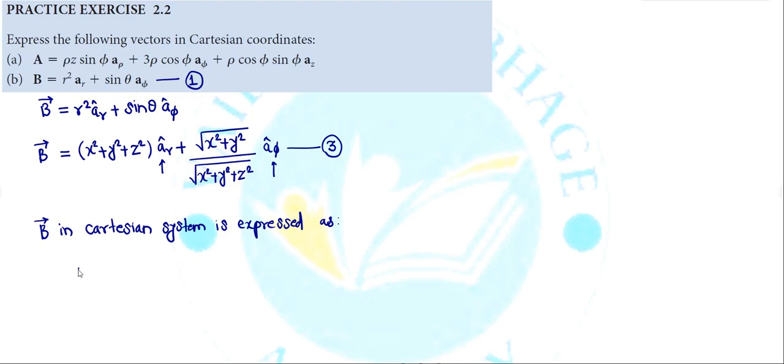So it will be vector b having component along x direction, having unit vector along x direction, component along y direction, having unit vector along y direction, and component along z direction, having unit vector in the z direction. So I'm going to say it to be equation 4.